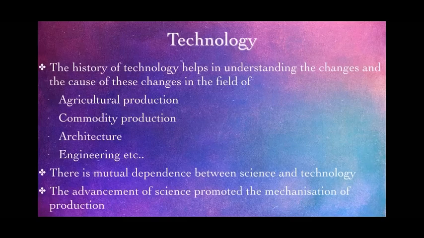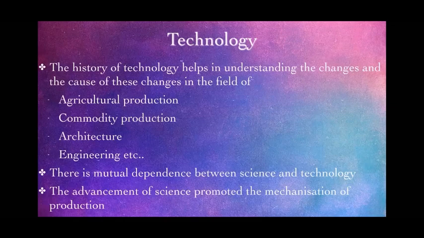Now, if we see the example of agricultural production, in earlier times, people used to plow the fields themselves. Then they started using animal power, or they used animals to plow the field. Today they are using machines to do this plowing for them. So because the technology has developed, it has made this process of plowing easier.